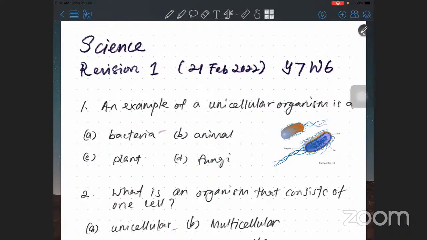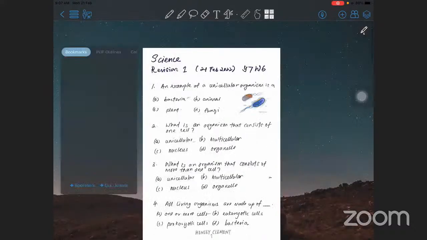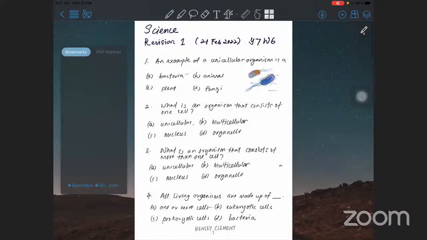So today we are going to do this science revision. This is the question. If you want, you may screenshot this one for the first page.